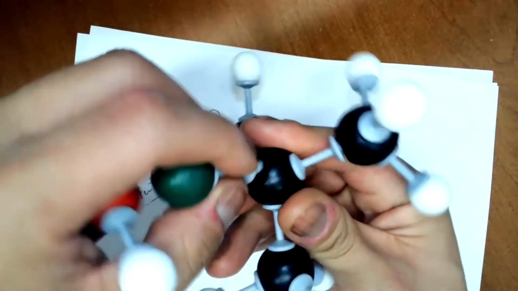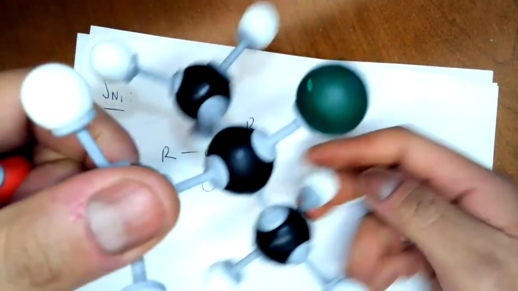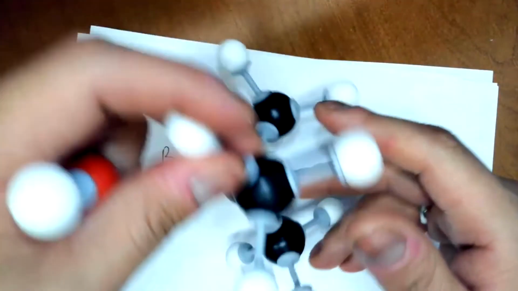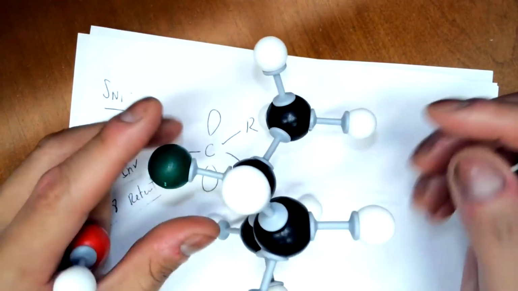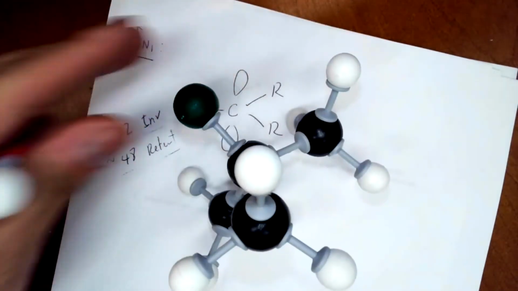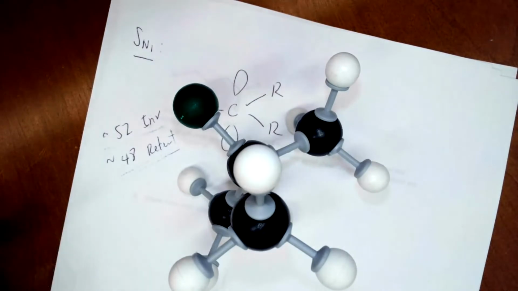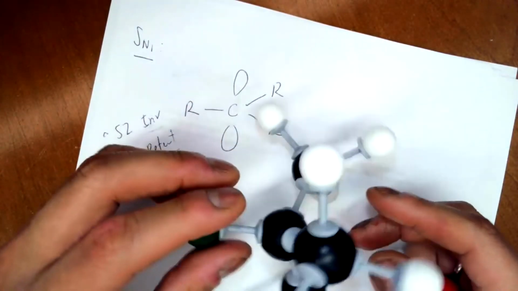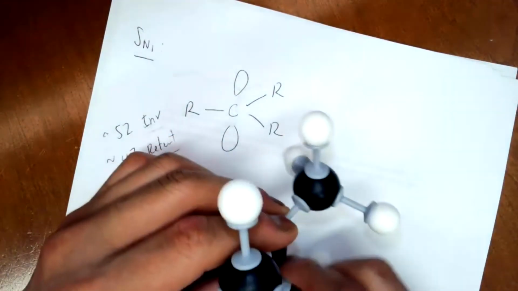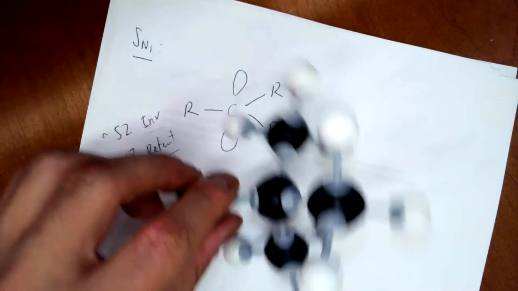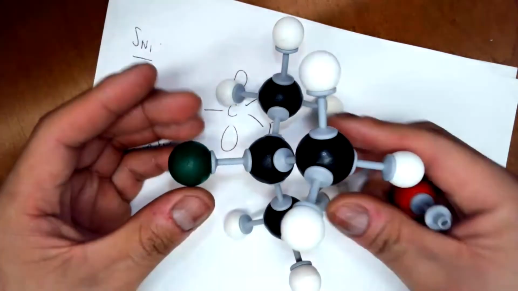So imagine at the beginning of the reaction. Let's imagine that here I have my substrate. Let me put it in a better position. Yeah, I have my substrate. So what do you think happens at the beginning of the reaction?